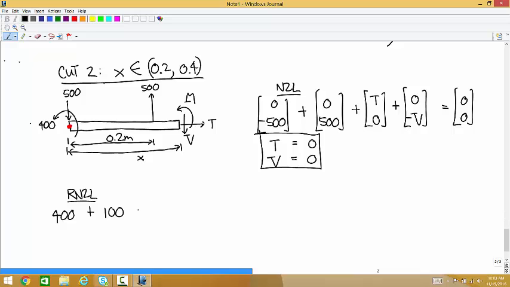And then we have plus m minus vx equals 0. So m is equal to vx minus 600, 500.